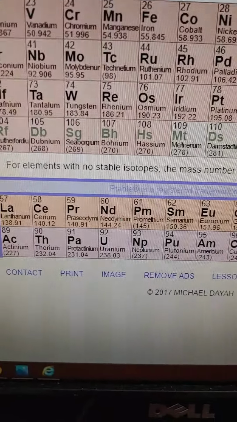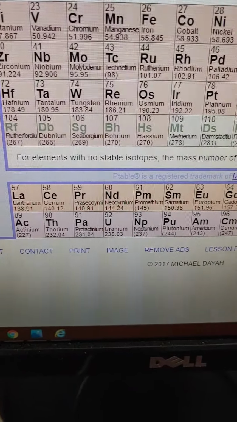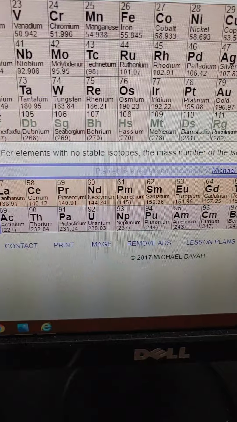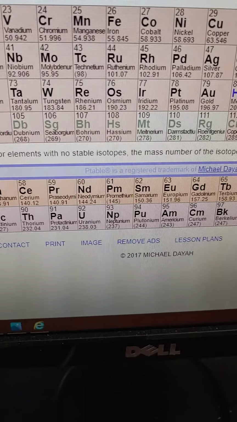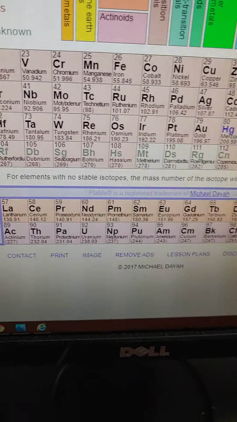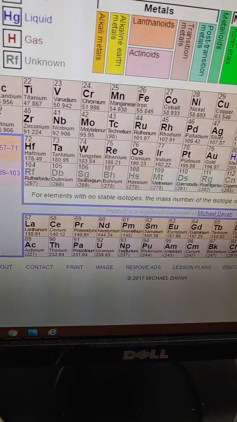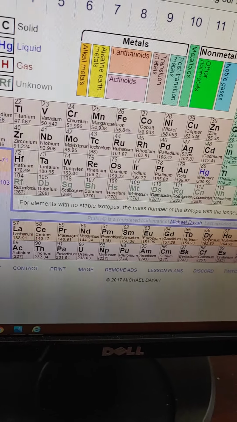And so in beta minus decay, the atom gains 1 proton.